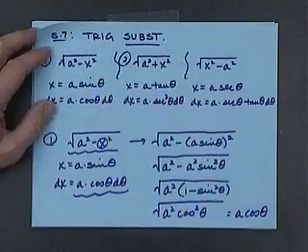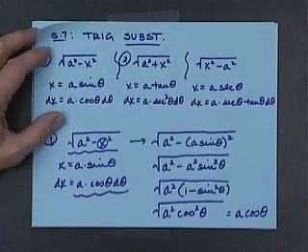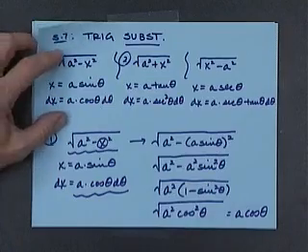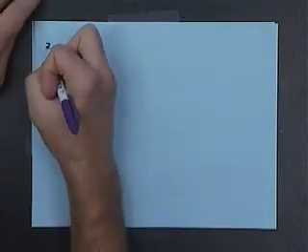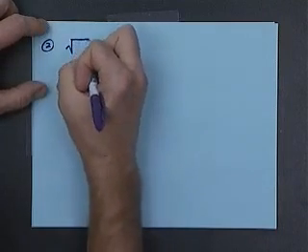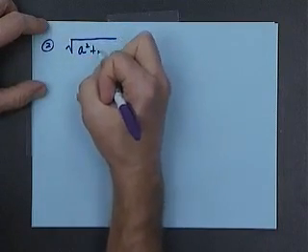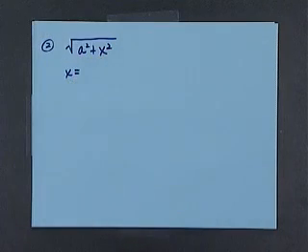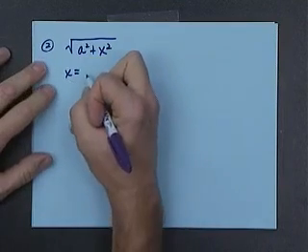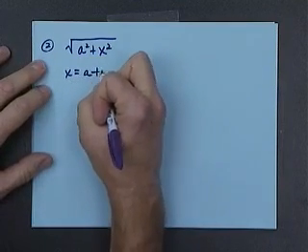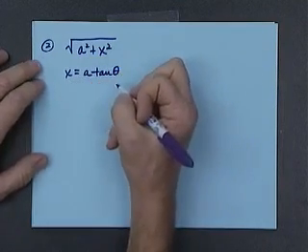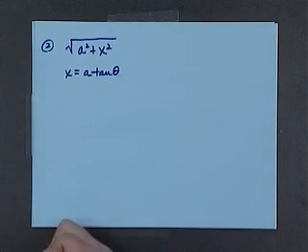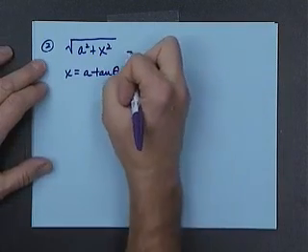All right, the second one. If we have the sum of number squared plus variable squared under the radical, where we see the variable quantity that's being squared, in this case it's x, we're going to plug in a tangent theta, and in a real integral problem we're also going to have to contend with dx.